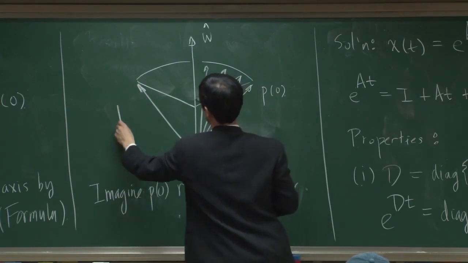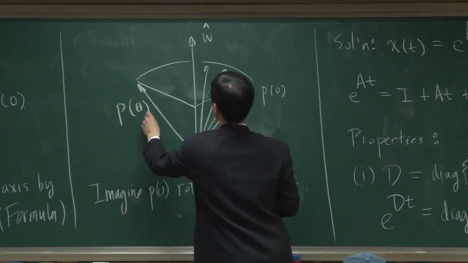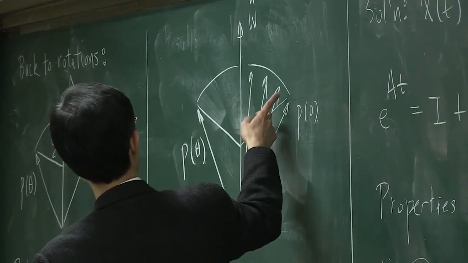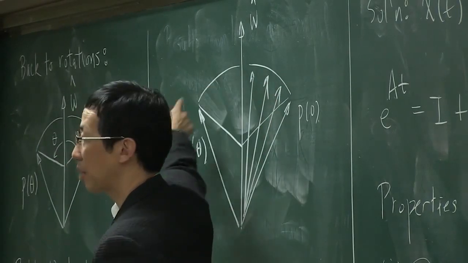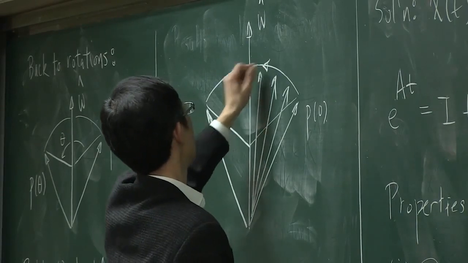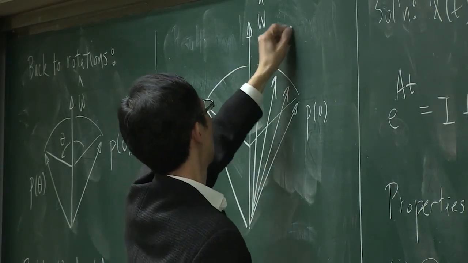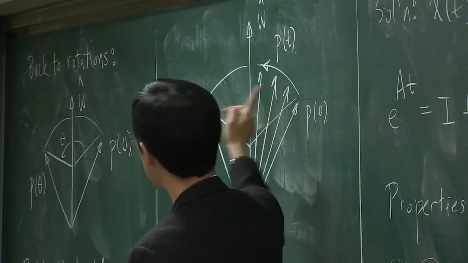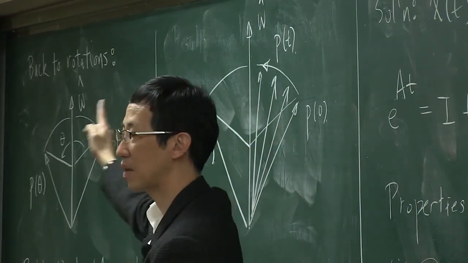So here's p sub theta, where we want to get to. Let's call this path p of t, the path traced by this vector p0 as it rotates around omega hat.